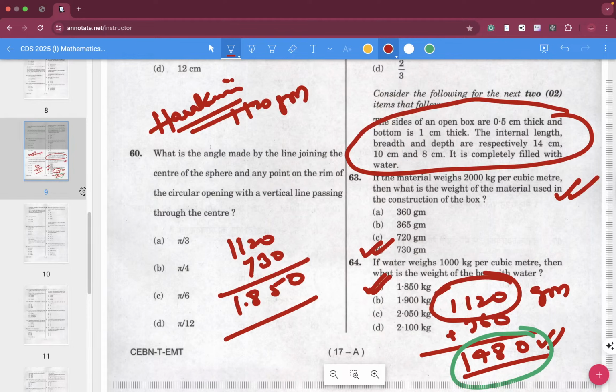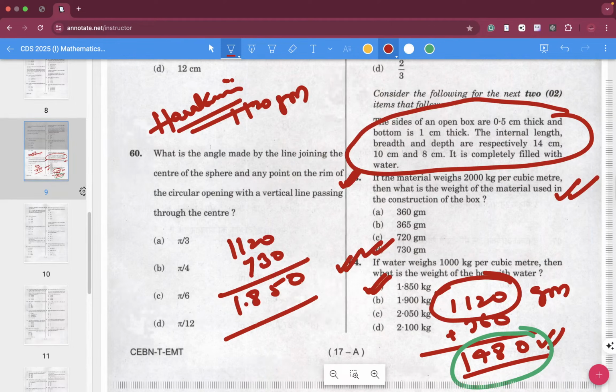I'm sure you will take more than 2 hours to do that, because you have to imagine that in 3D, and even then if you are able to solve it correctly, it is highly likely that you will make some silly mistake here and there for sure, right? So that is how smartly we are going to solve question number 63 and 64 together in tandem.